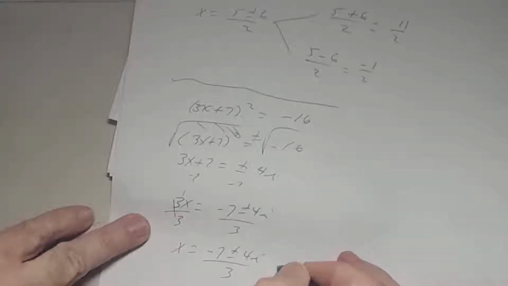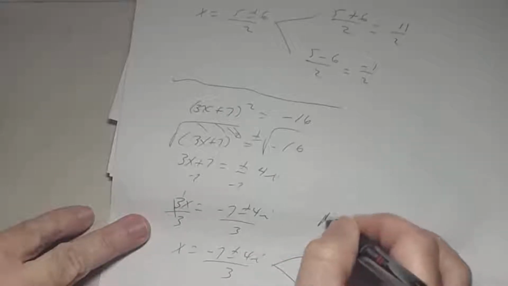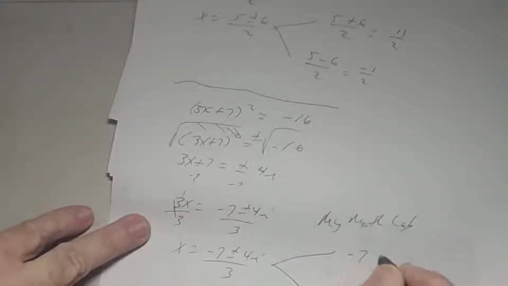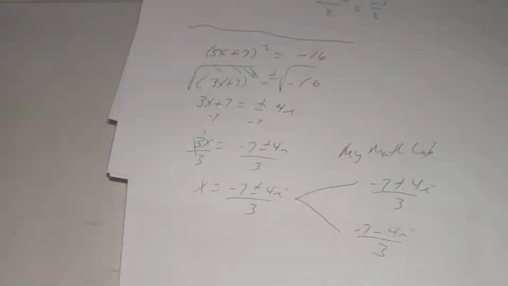On my math lab, you have to do x equals -7 plus 4i over 3 and -7 minus 4i over 3. That's what it's going to write it as. But the point is, you have to know how to write your solutions based on what numbers you're dealing with: rational, irrational, or complex.